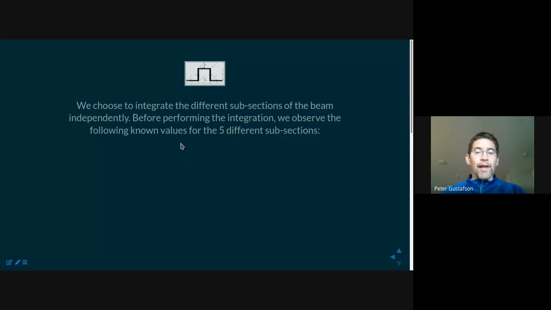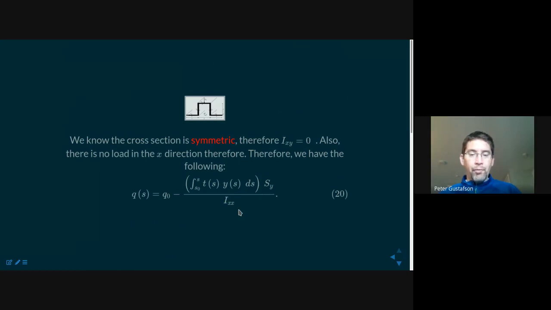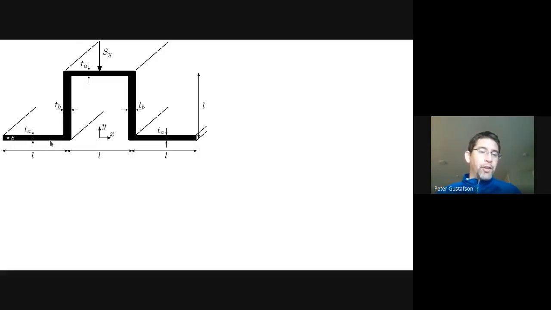The next thing I'm going to recognize is that within this integral, we know certain properties for the cross section. For example, we're going to call this from here to here section 1, from here to here section 2, and likewise section 3, section 4 and section 5. As we stare at this screen, we see that the items in the integral can be expressed quite simply within just one segment.